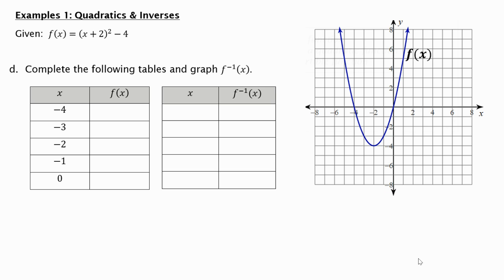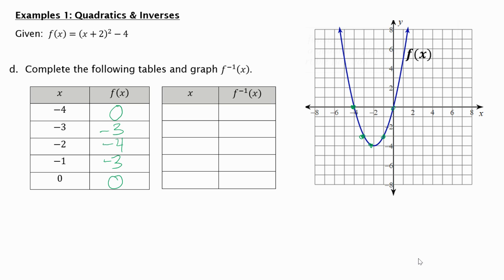In part D, we're going to be completing our table and graphing it. We're going to talk about what this inverse looks like, and whether the inverse is going to be considered what we call a function. Reading this off the graph, at -4 we would have a value of 0. At -3, we would have a value of -3. At -2, we'd have a value of -4, and then the values repeat themselves.